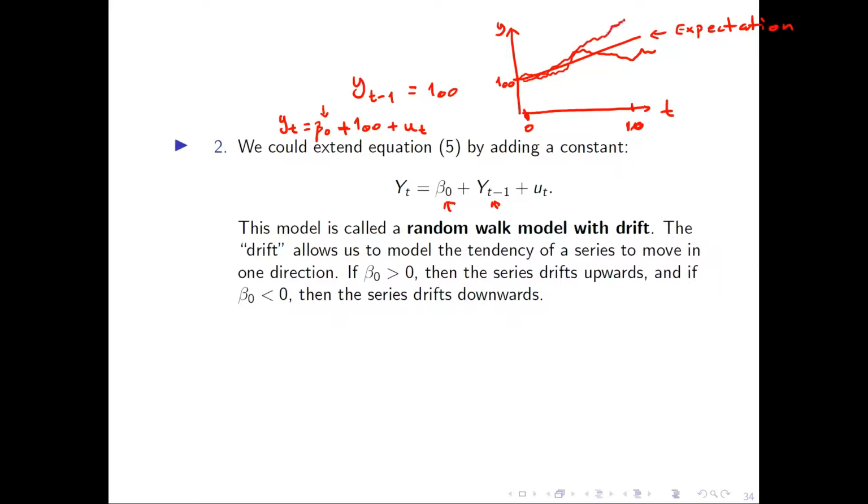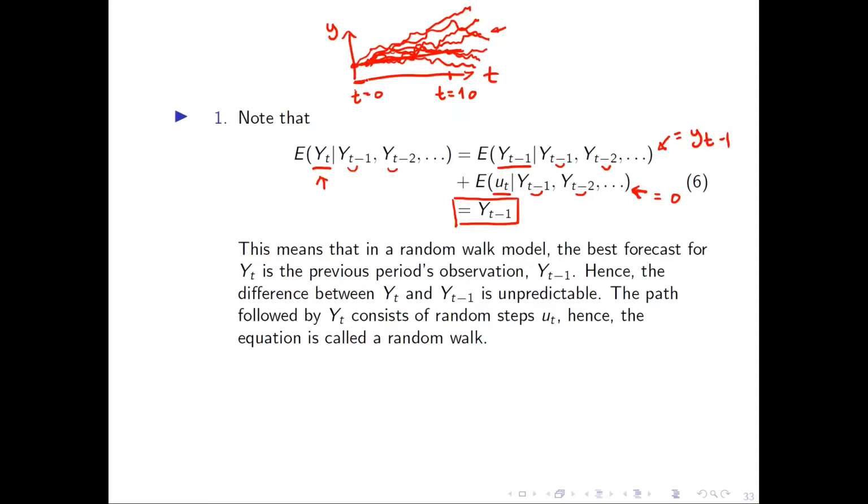So this fan-shaped pattern that you often get from the random walk model is now upwards sloping. Whereas in the random walk without drift, you would get this fan-shaped pattern centered on the constant value of the process at time t equals 0, the start of the process.